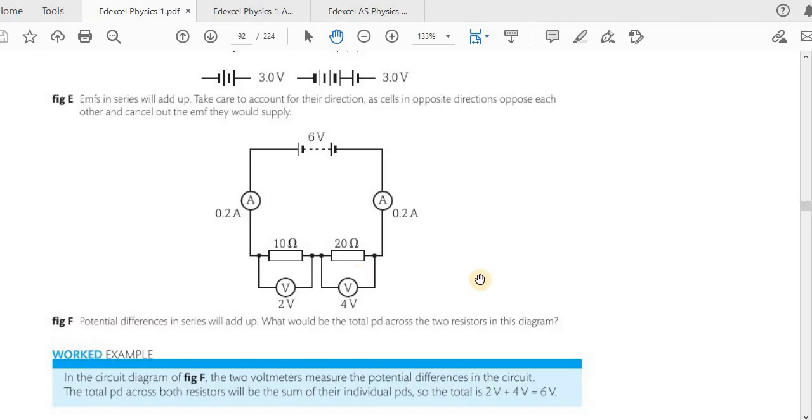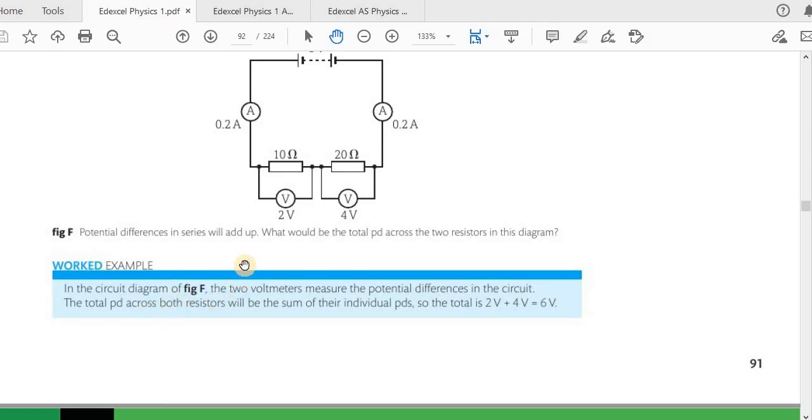So there are several key points that you learned here. The potential difference will divide according to the ratio of the resistances in that loop. And here you can see the resistance here is double the resistance here, so the voltage here will be double the voltage here, and also the sum of the voltages around that loop should be equal to the sum of the EMFs, which is 6 volts here.